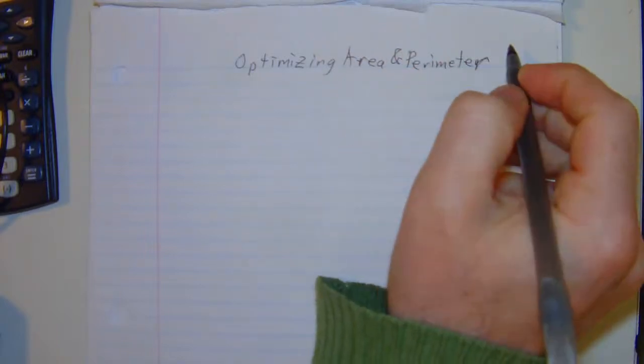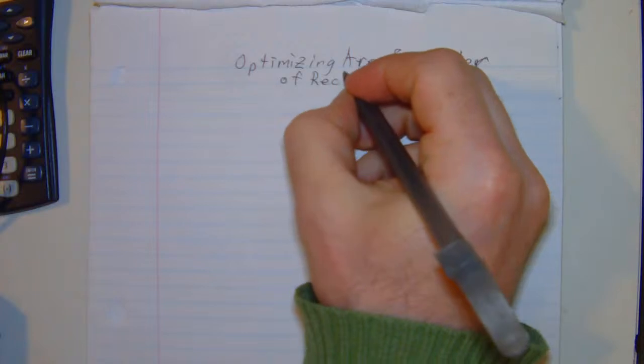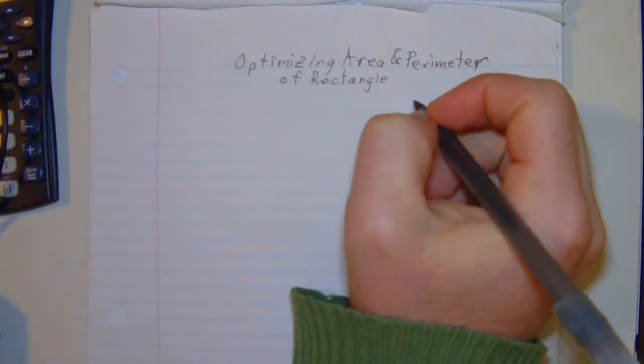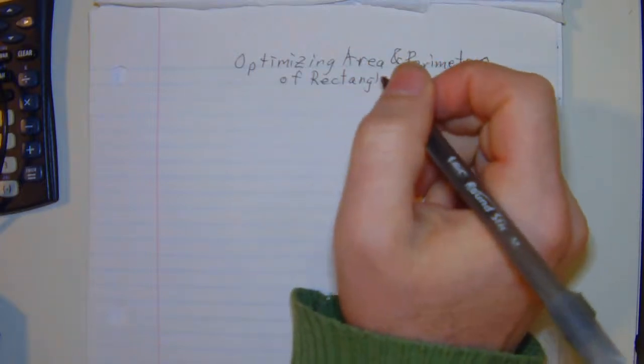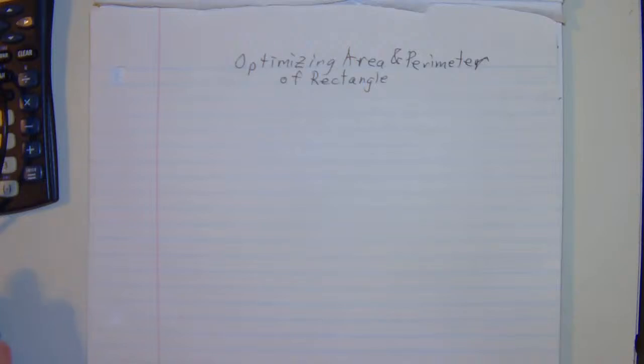So when we are optimizing area and perimeter of rectangles, we are finding the best rectangle for a particular area and perimeter, or we are finding the best perimeter for a particular area or the best area for a particular perimeter.